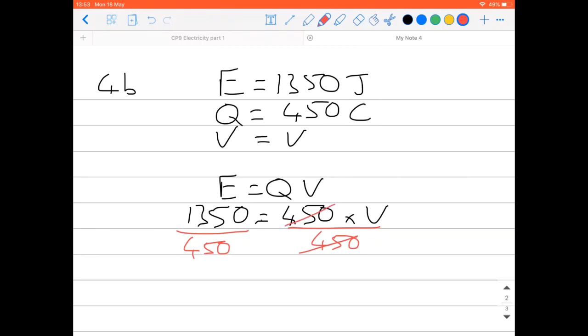They cancel. That gives me V equals 1,350 divided by 450, which is 3, and the units are volts. Good.